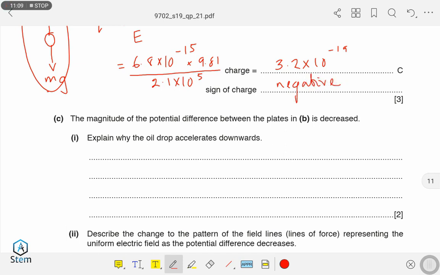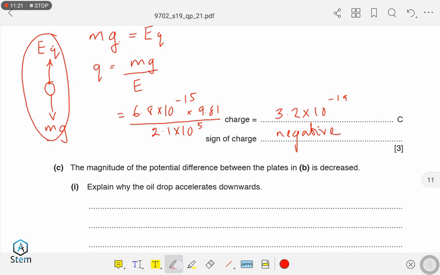Alright, the magnitude of the potential difference between the plates in B is decreased. Explain why the oil drop accelerates downwards. Okay, we know that if we reduce the potential difference between the plates, the electric field strength is going to weaken. Therefore, the electric force, as shown there, will become less.